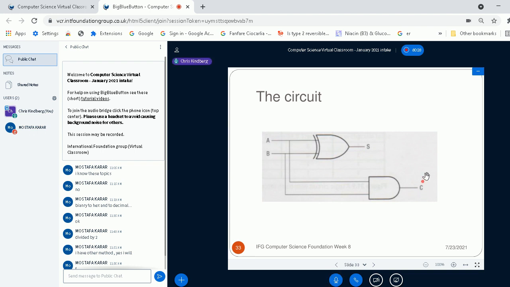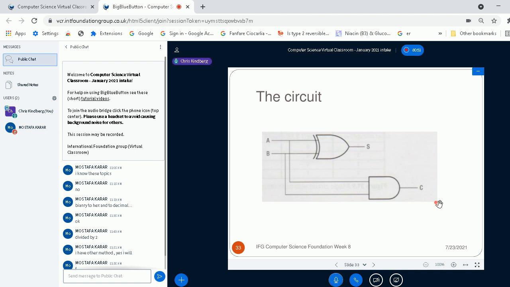The interesting thing is that you see a little bit of logic serving as the function of adding two bits together.